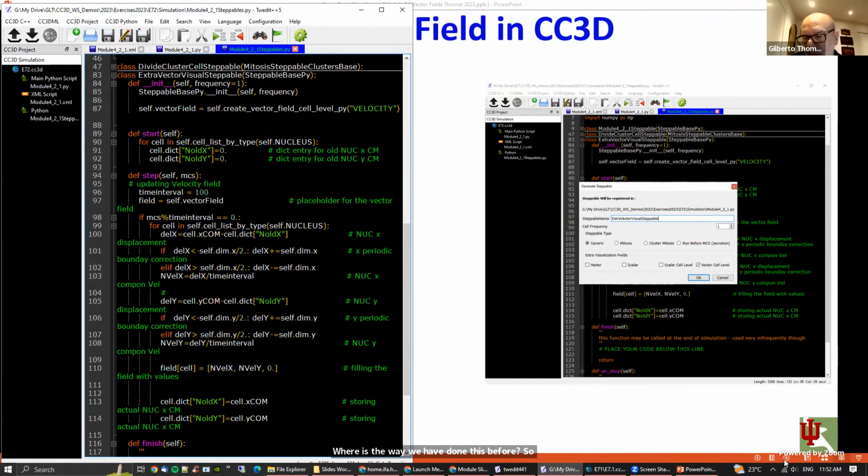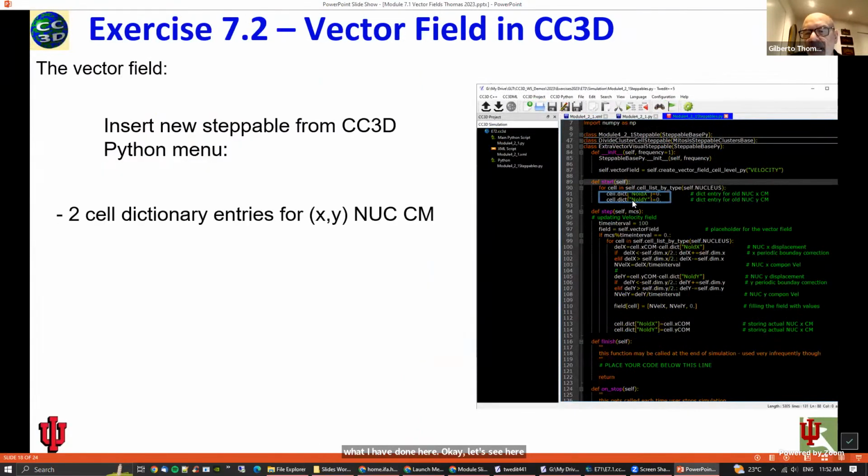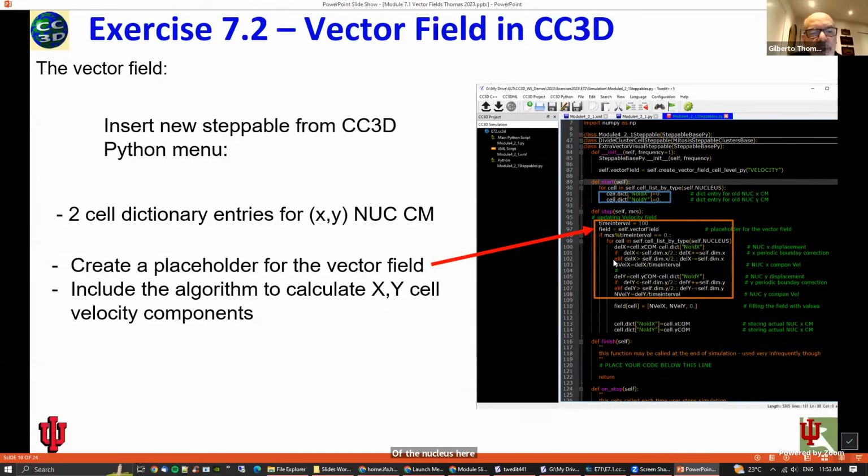Let's see how it works. We enter two new dictionary entries for the position of the center of mass of the nucleus. We include this algorithm here to calculate the velocity, the components of velocity.